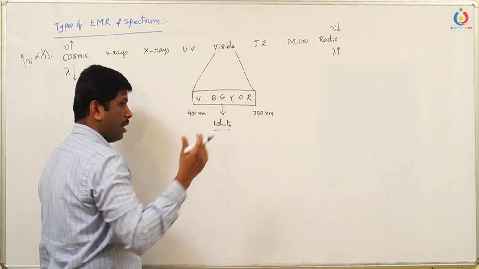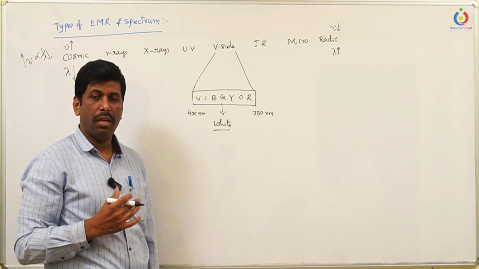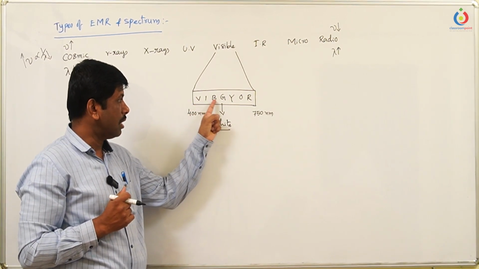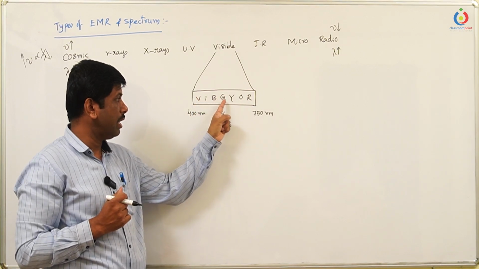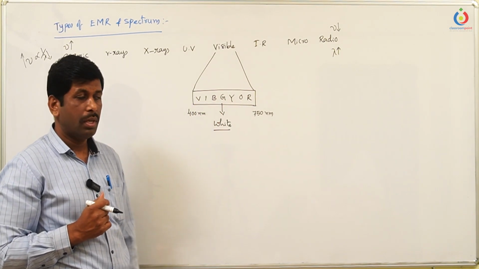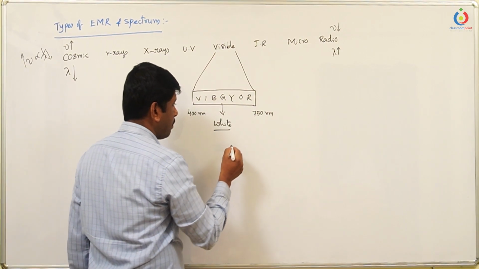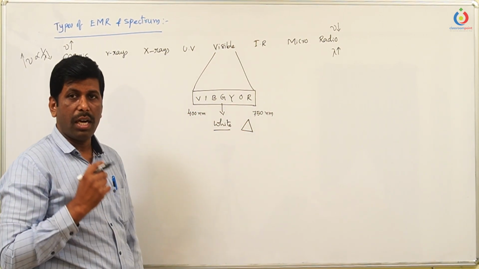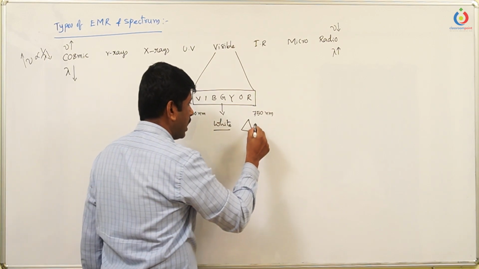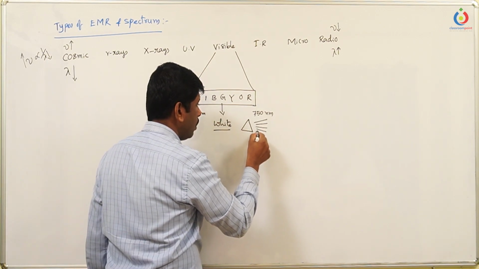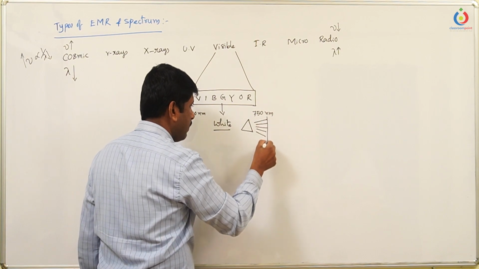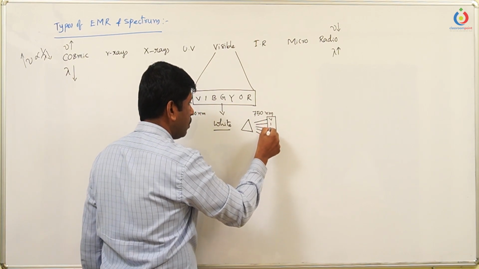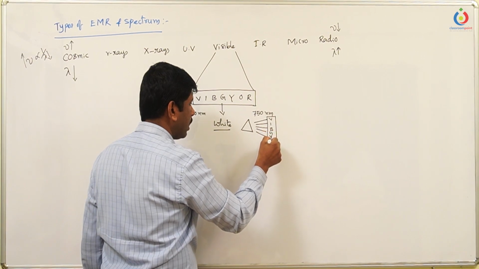Whatever color of light we see, natural light, is a combination of the 7 colors: violet, indigo, blue, green, yellow, orange and red. When this white light is passed through a prism, the prism can separate these lights into various categories, and again we get the arrangement of these colors: violet, indigo, blue, green, yellow, orange, red.